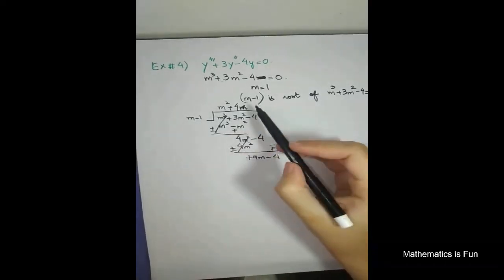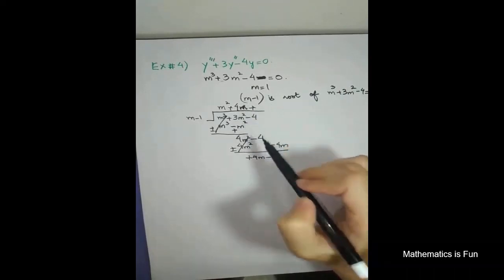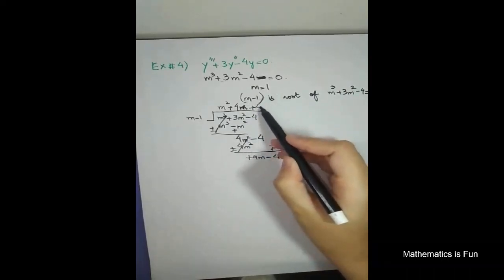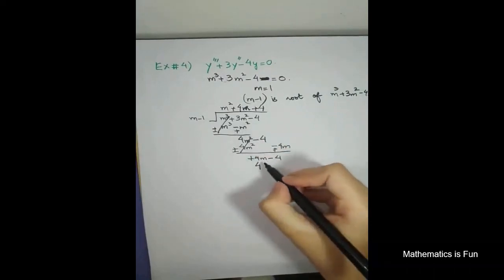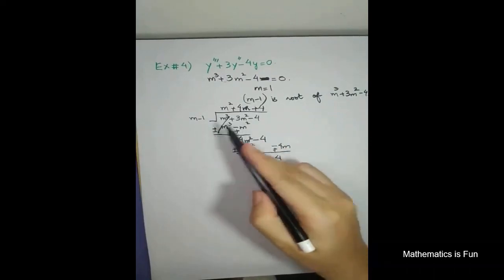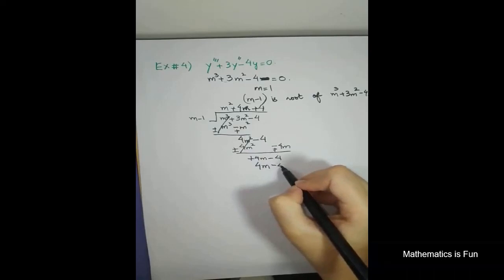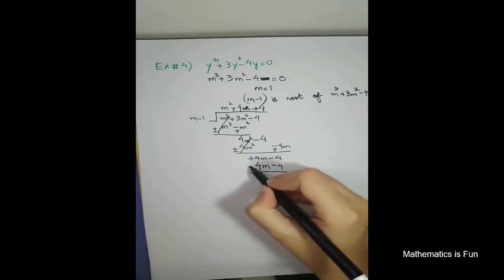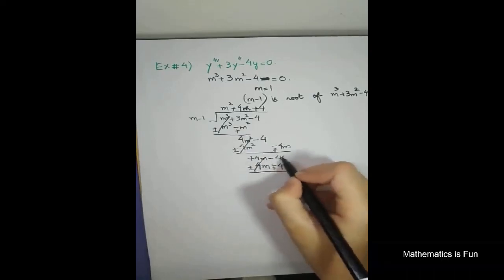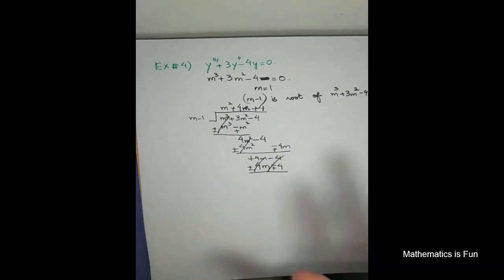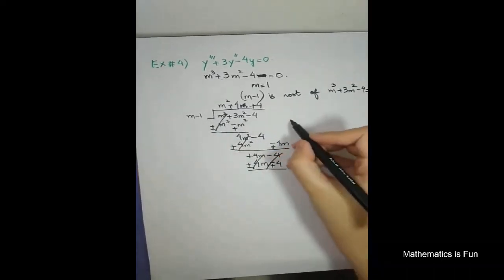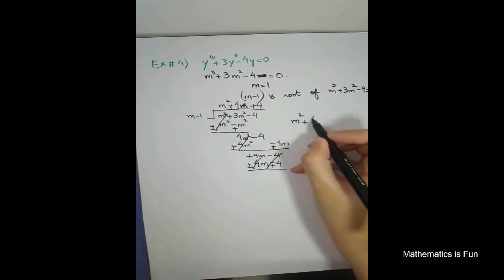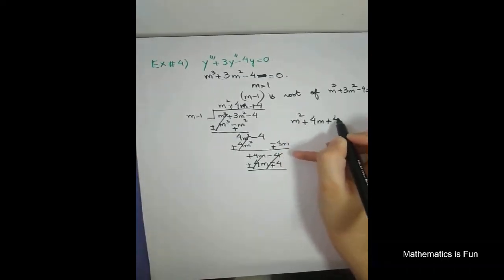Now if I multiply m minus 1 with 4, it becomes 4m minus 4, so it cancels and divides completely. That means the quotient is m square plus 4m plus 4.